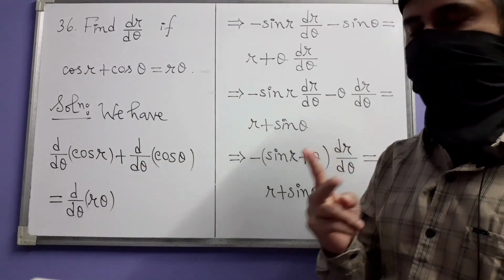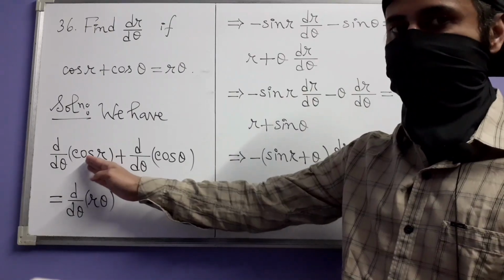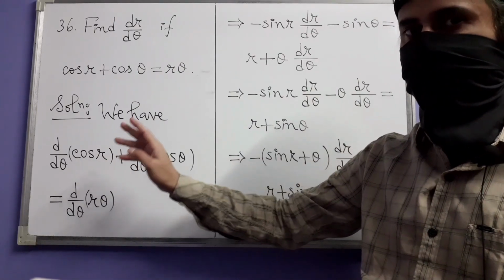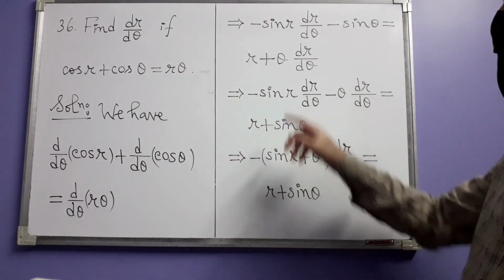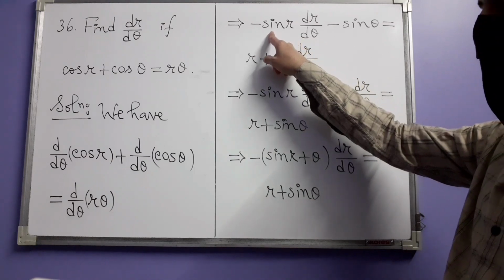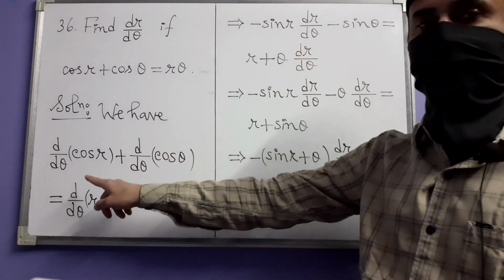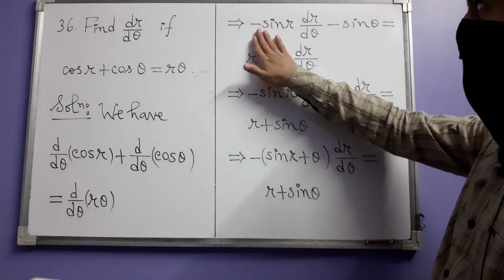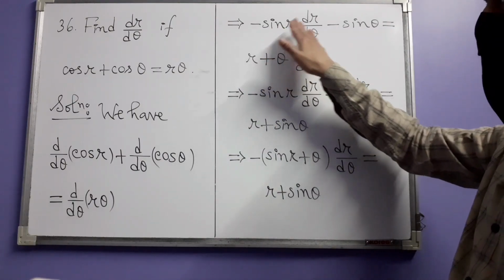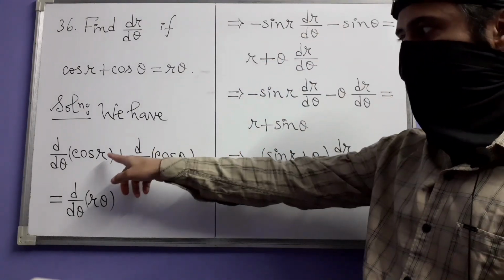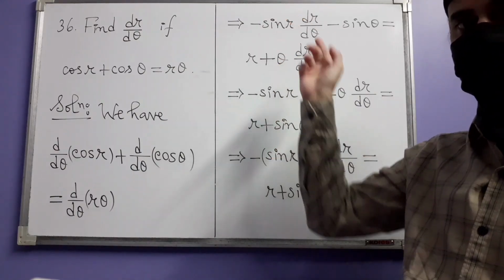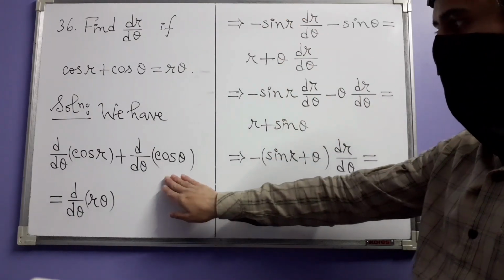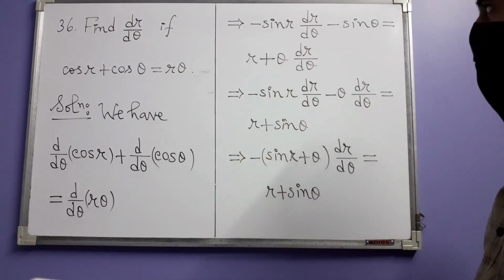There are two functions, the outer cosine function and the inner function r, which is some function of θ. So differentiating the outer function with respect to r, that means keeping the inner r intact, you get minus sin r. Then you multiply that with the derivative of the inner r with respect to θ, that is dr/dθ. And this is just minus sin θ.